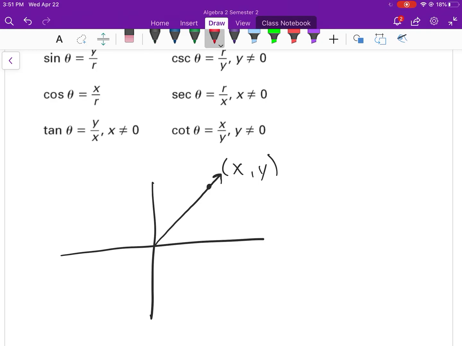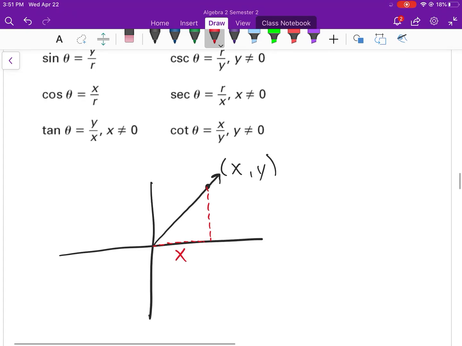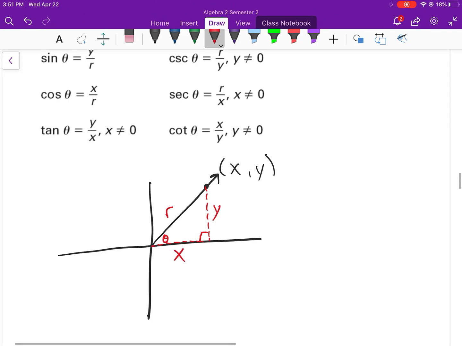I can create a right triangle by dropping what's called an altitude to the x-axis. I know this distance is x because we went right x and up y, and we're going to consider the hypotenuse r.